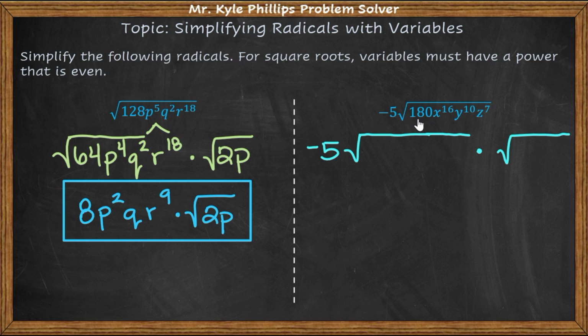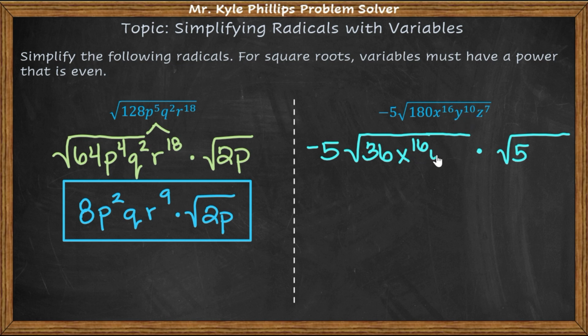So I'm looking for the largest perfect square that can go into 180. And that's going to be 36. So here I have 36. 180 divided by 36 is going to give me 5.